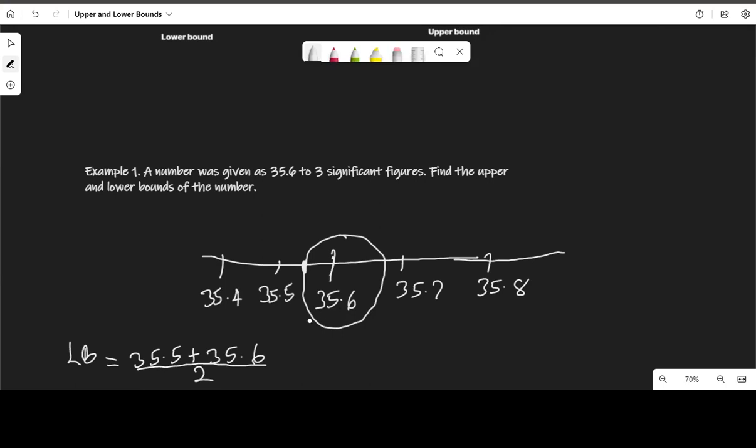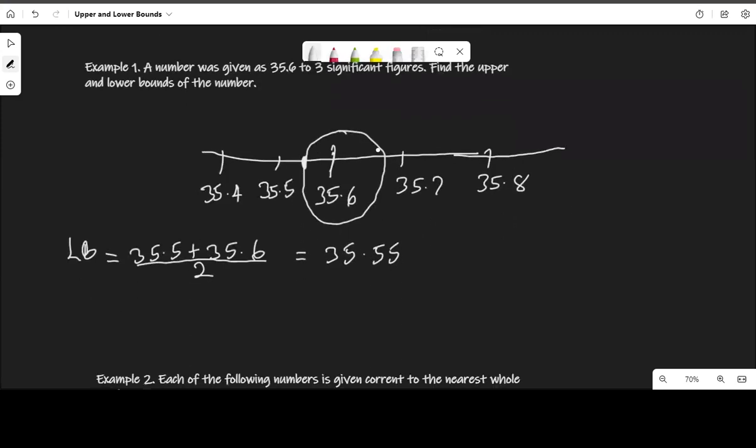That is 35.55. So the lower bound of this number is 35.55. The upper bound will be the number that lies between 35.6 and 35.7.